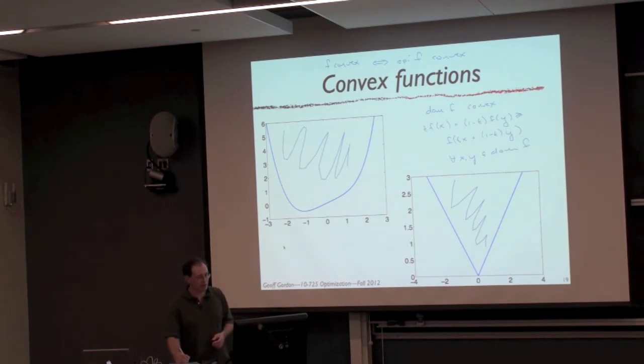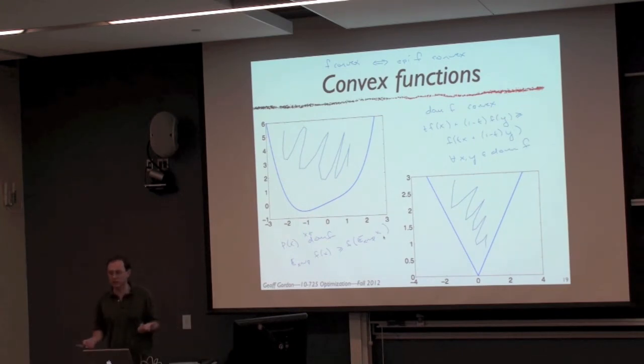For any probability distribution P of x over x in the domain of f, we have that the expected value when x is sampled according to P of f of x has to be bigger than or equal to f applied to the expected value of x. Right? And that's just the generalization of the two-point condition to the many-point convexity condition.